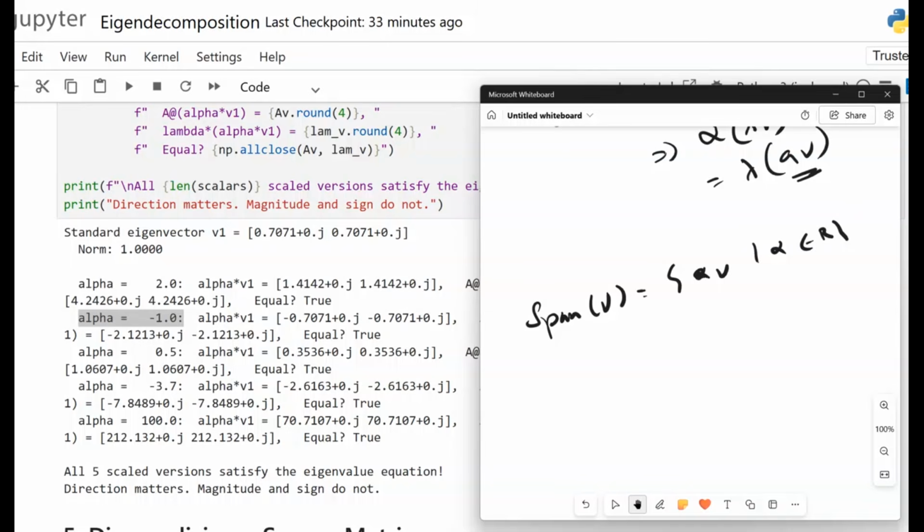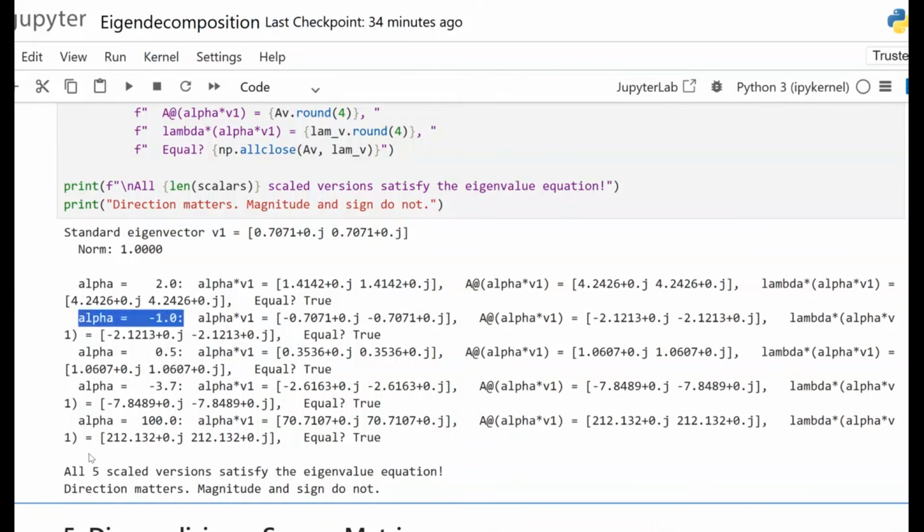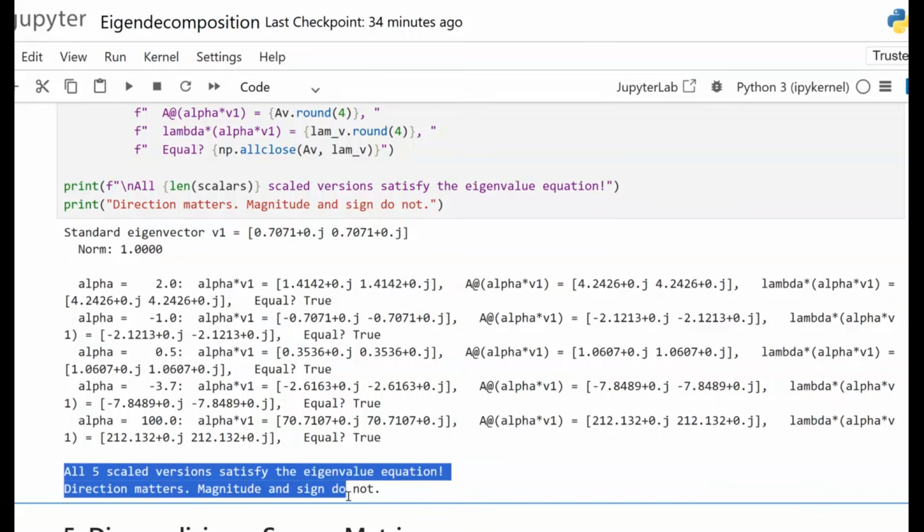NumPy returns unit vectors because it removes arbitrary scaling ambiguity, makes comparisons consistent, and improves numerical stability. But mathematically normalization is a convention, not a requirement. And finally we have the statement: kindly observe, direction matters, magnitude and sign do not.